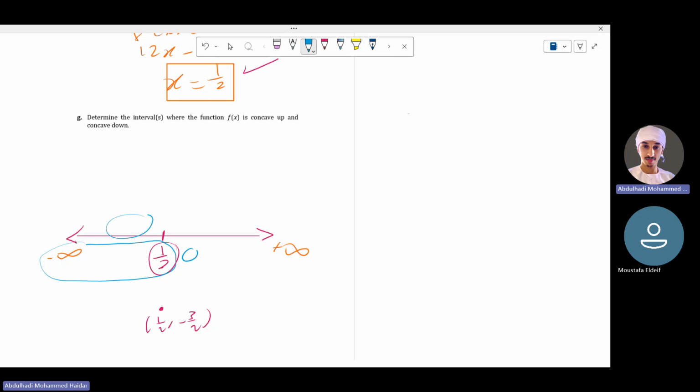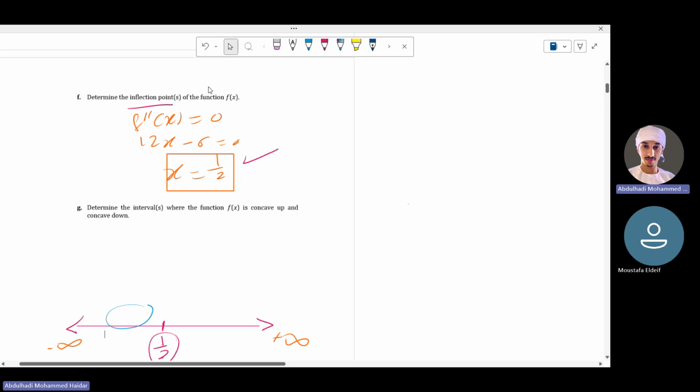No, 0 is within this interval, so we cannot put 0 here as a test point. Take -1 and substitute it.